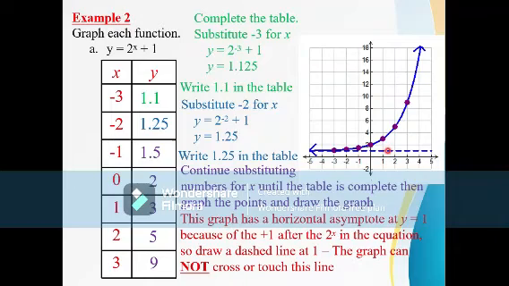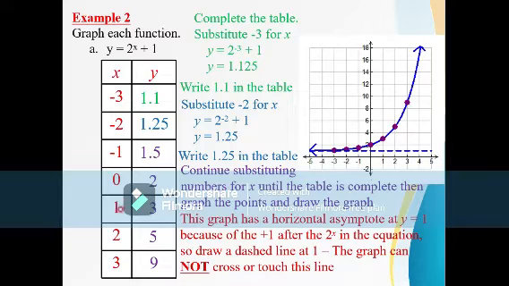So the graph would be, let's start with negative 3, 1.1, so that is here. Then negative 2, 1.25, so that's here. Next point is negative 1, 1.5. Then 0, 2. Next is 1, 3.